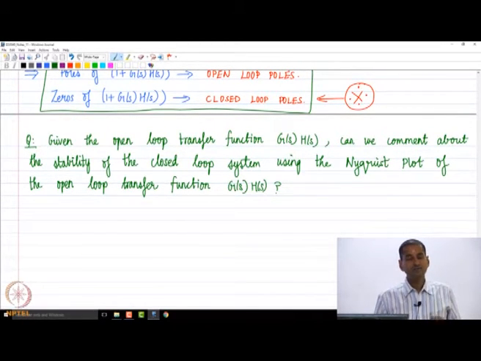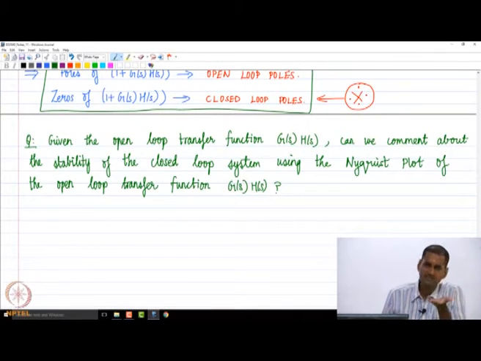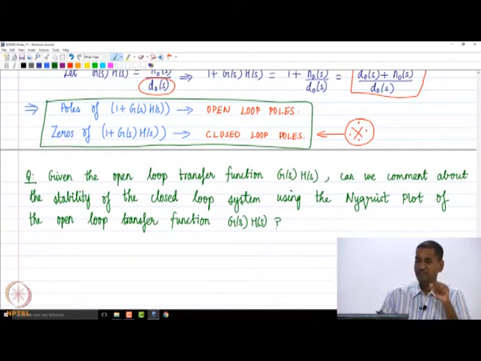So let me repeat the question. You are given the open loop transfer function G(s)H(s). By and large, it is known, so we know the open loop poles. Open loop poles are nothing but the poles of 1 plus G(s)H(s), as we see in the green box. We know them.